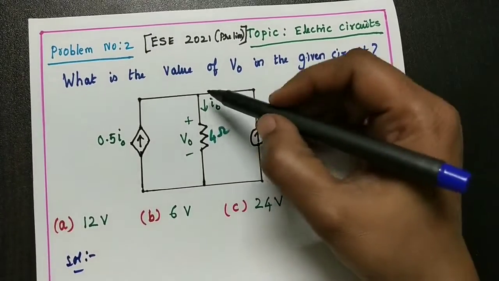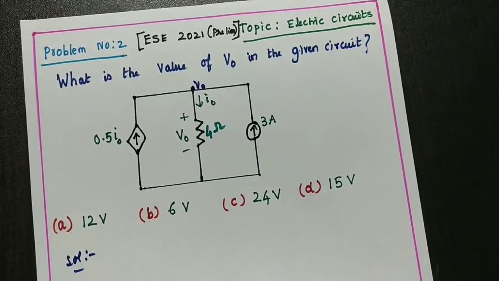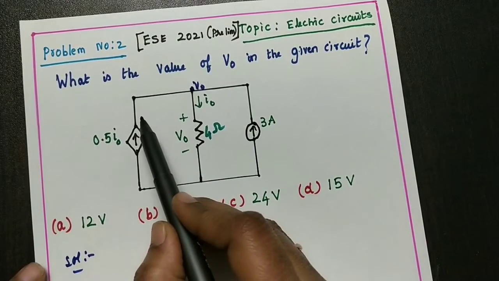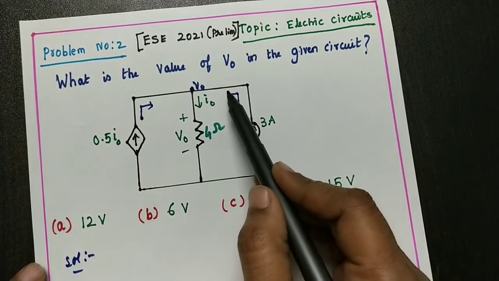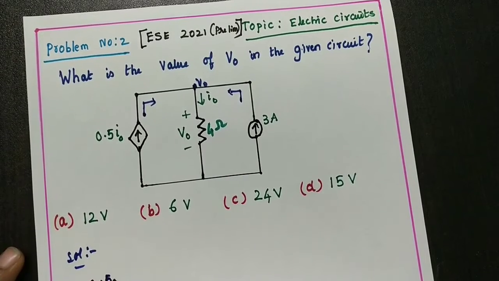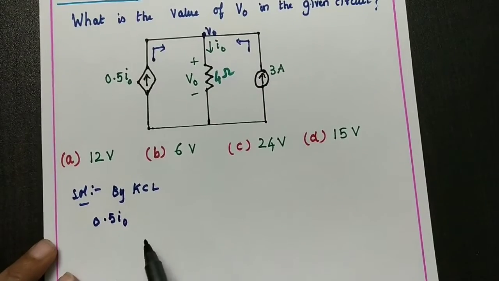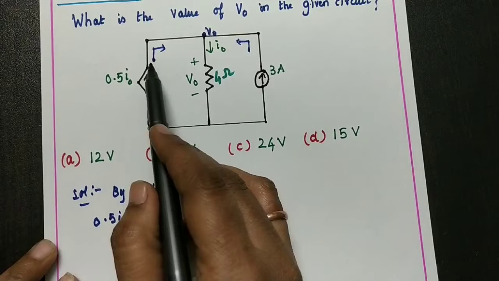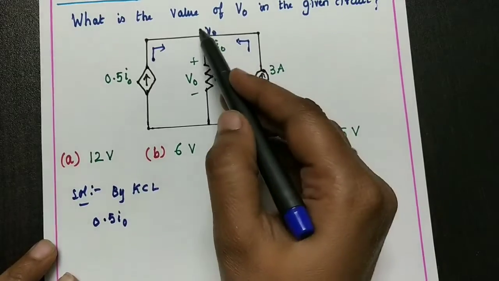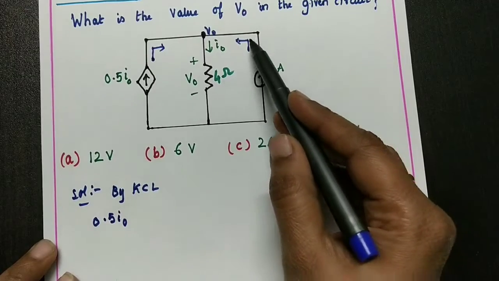Now we can take this nodal voltage as V0. By nodal analysis and Kirchhoff's current law, 0.5 I0 is the current incoming to the node V0, and this 3 amps is also incoming current.